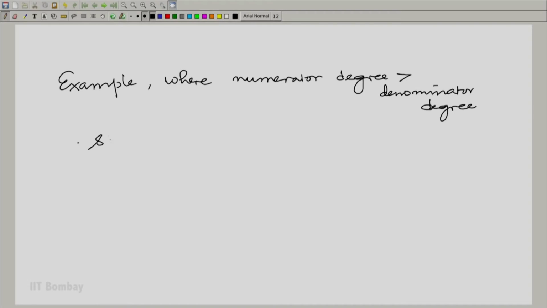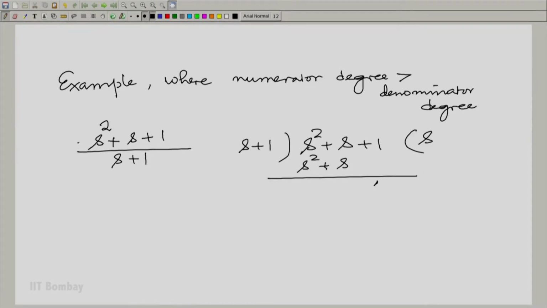So, you could have something like S squared plus S plus 1 divided by S plus 1. Here the numerator degree is greater than the denominator degree, a bit of trouble. So, what do we do? We carry out a long division, as we said. This is very simple.